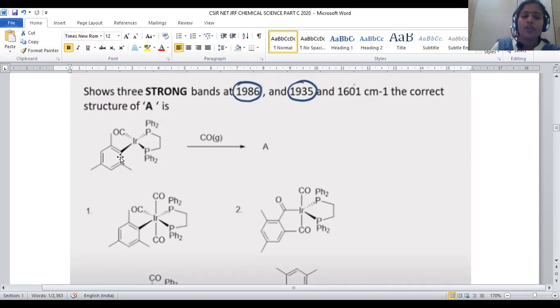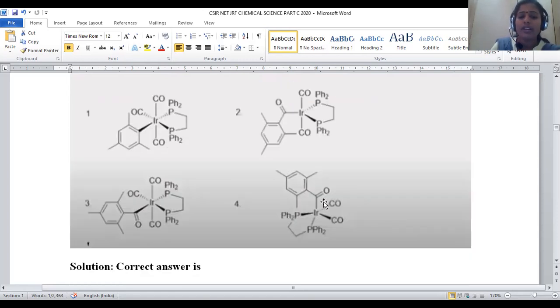What will happen? Carbonyl group will be inserted in between. Always when an alkyl or aryl group is directly attached to the metal, there is a possibility of migratory insertion, right? So that's the reason why carbonyl group will be inserted in between phenyl and iridium, so that we will get benzoyl. That benzoyl is observed only in option number 2 and option number 4.